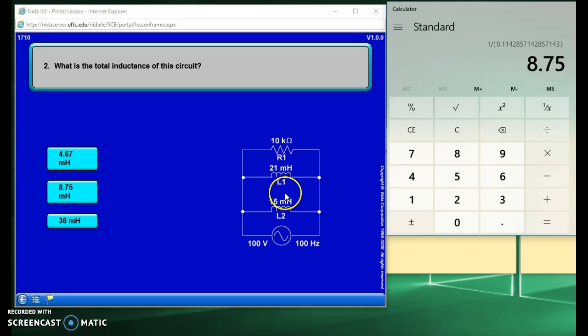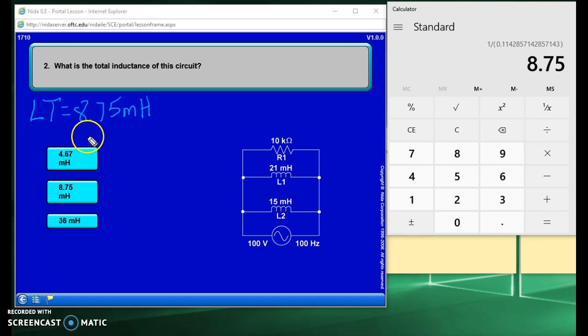So my total inductance, and we'll write this on the page here, LT equals 8.75 millihenries.